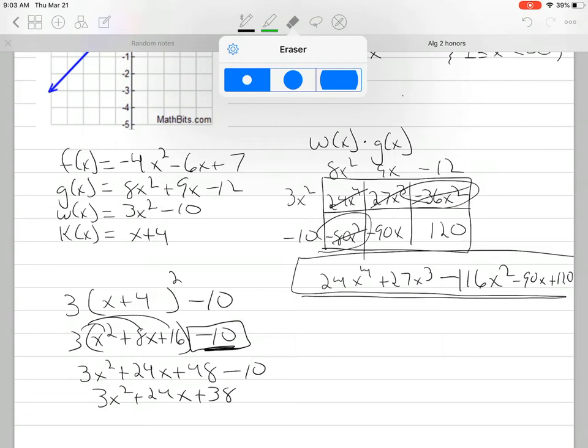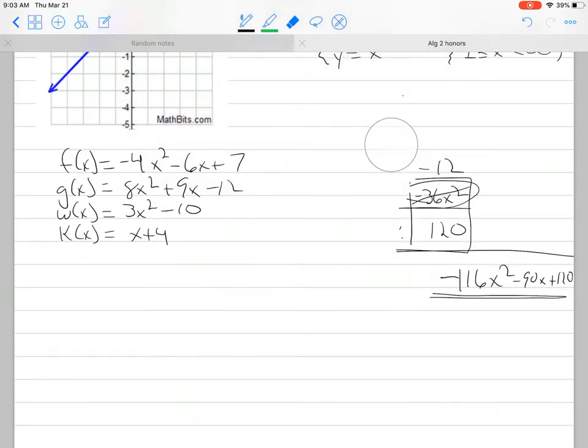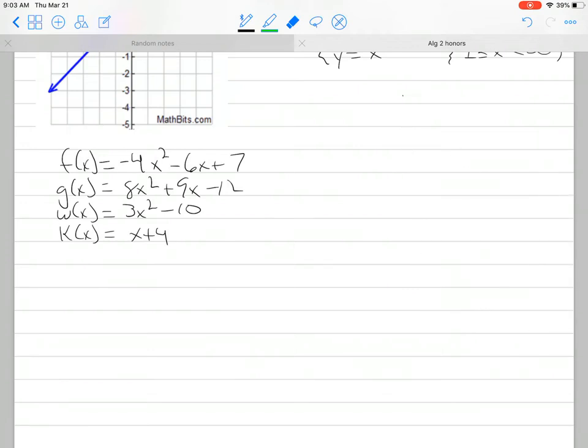Next one that I would like you to do. Last one of this type. So we did a multiplying. We did a composition. I'd like you to do f minus g of x. Cool. As soon as I get subtractions, I like to write them out.